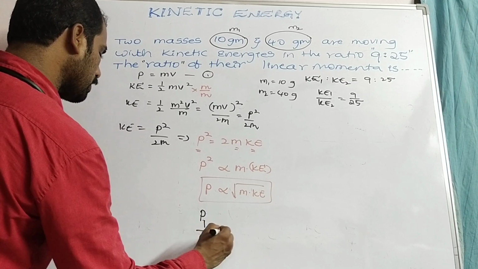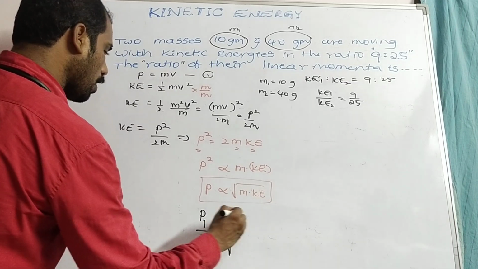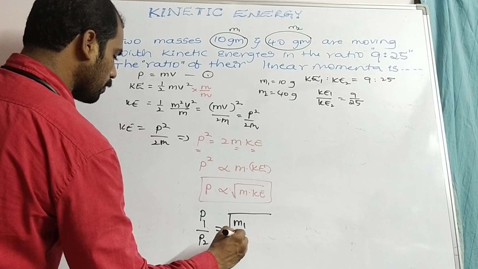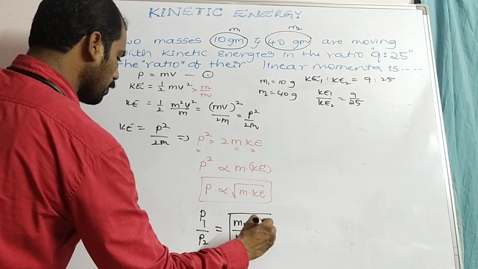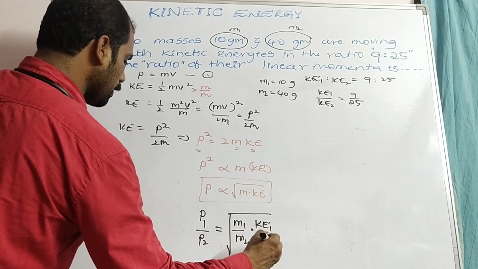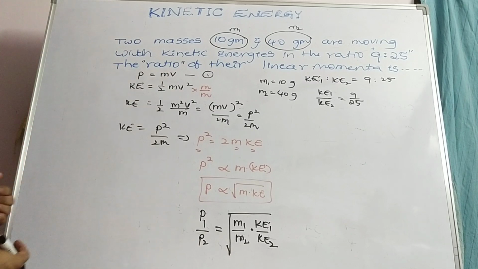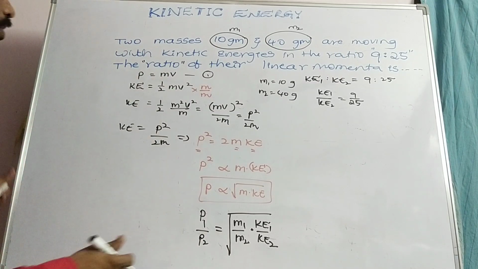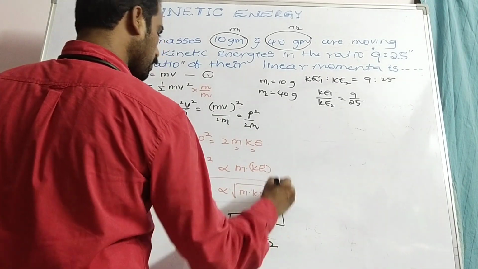P1 by P2 is equal to root of (m1 by m2) into (KE1 by KE2).